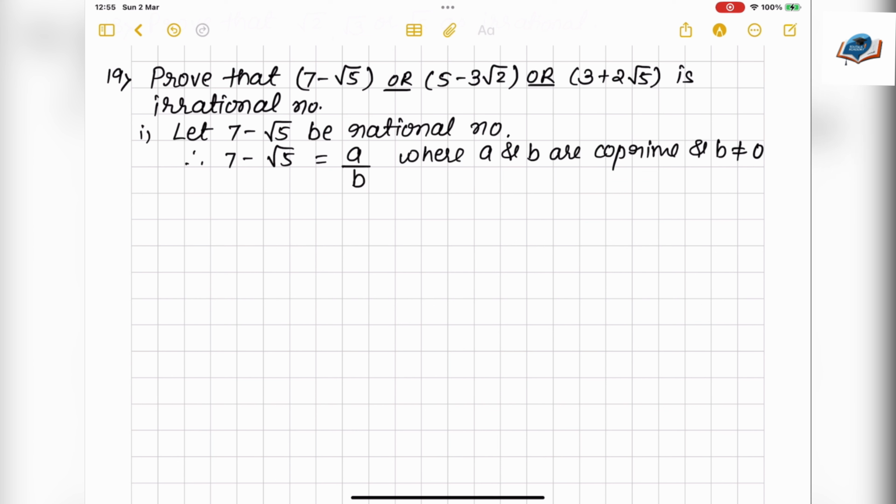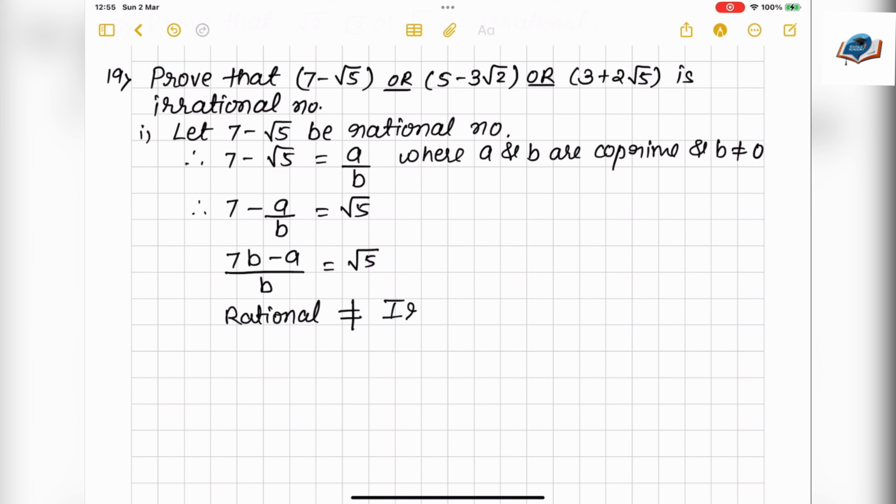So therefore 7 minus A upon B equal to root 5. So 7B minus A upon B equal to root 5. So I can say that left hand side is a rational number and RHS is an irrational number. So they can't be equal. So therefore 7 minus root 5 is irrational.